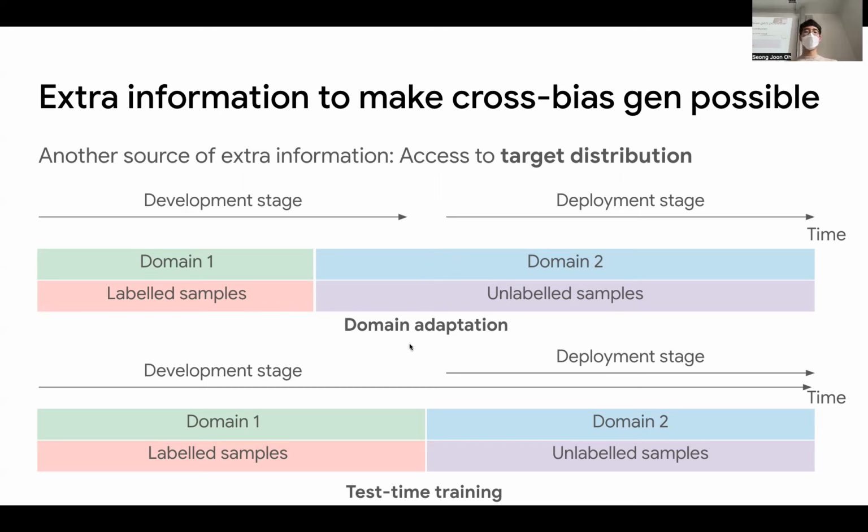One case is domain adaptation, where you have unlabeled samples from your target domain, or test time training as well, where your deployment stage is going hand in hand with your development stage. So you're developing your model all the way through, meaning that you actually have access to your target domain samples.